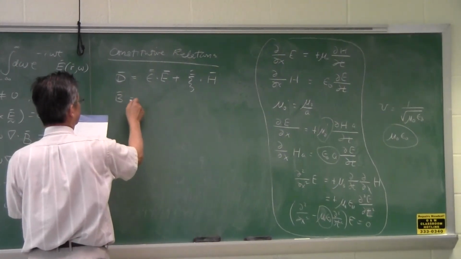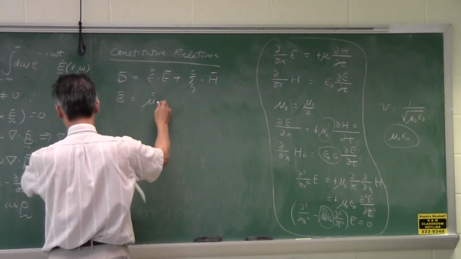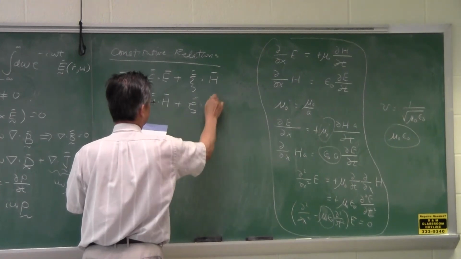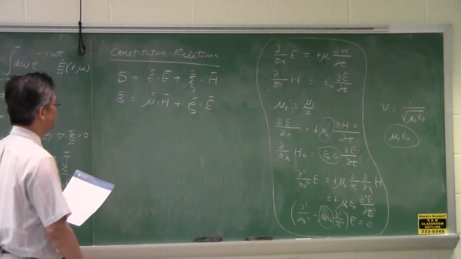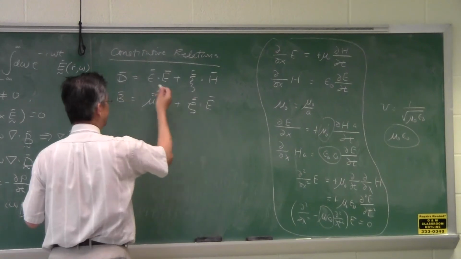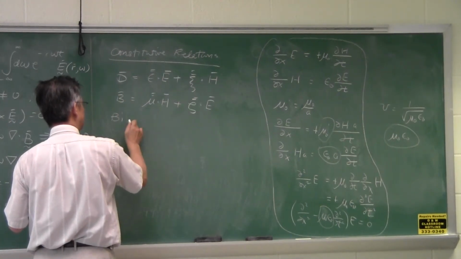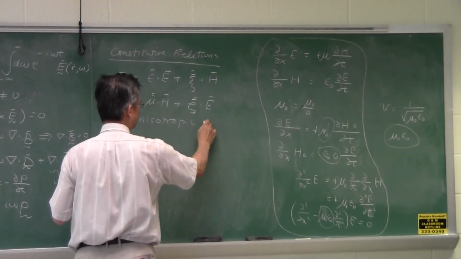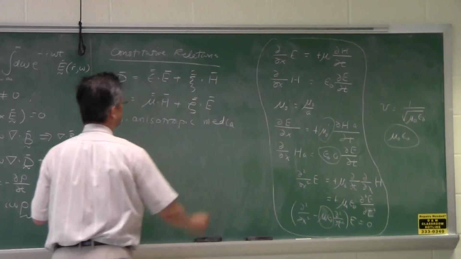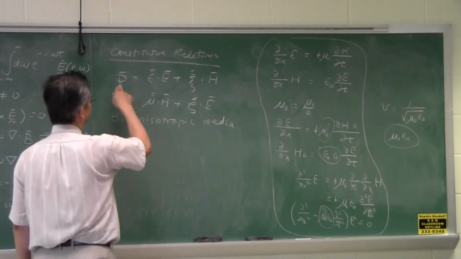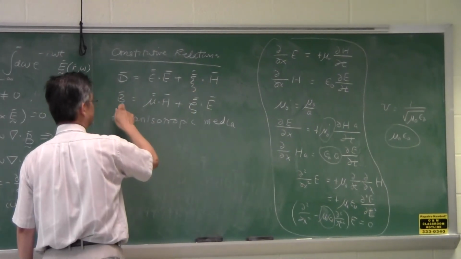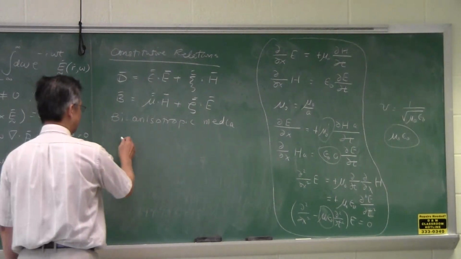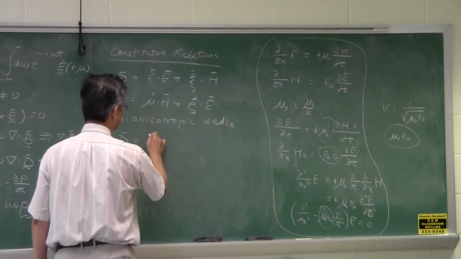And then B is equal to mu dot H plus theta dot E. Okay, this is a very general form, and media with this kind of thing are called bi-anisotropic media. Okay, that you allow the D to be coupled to the H, the B to be coupled to the E. Then you can have somewhat a specialized form.